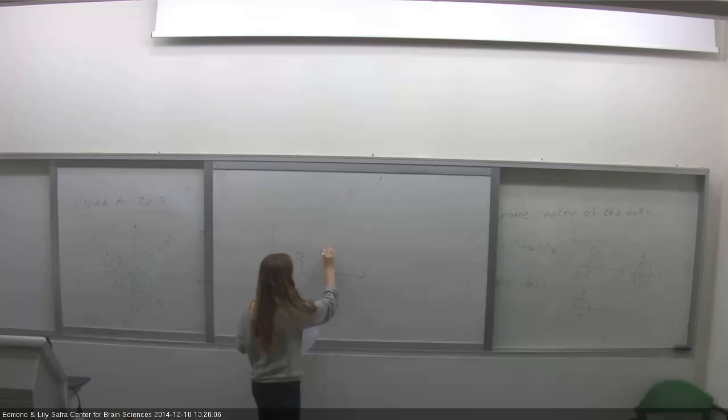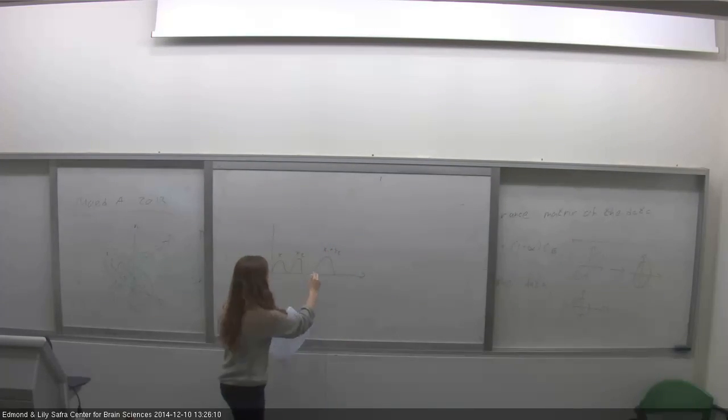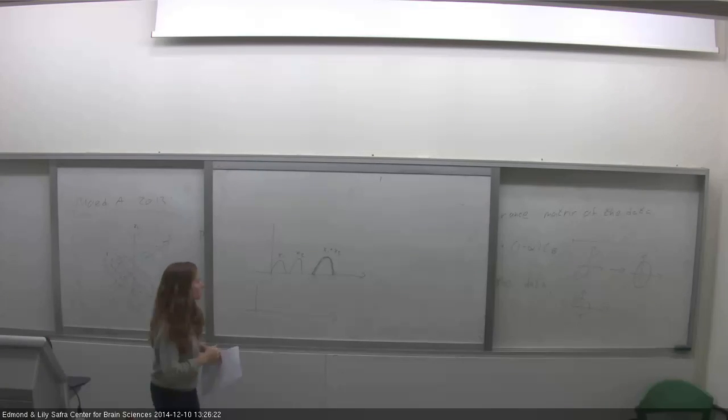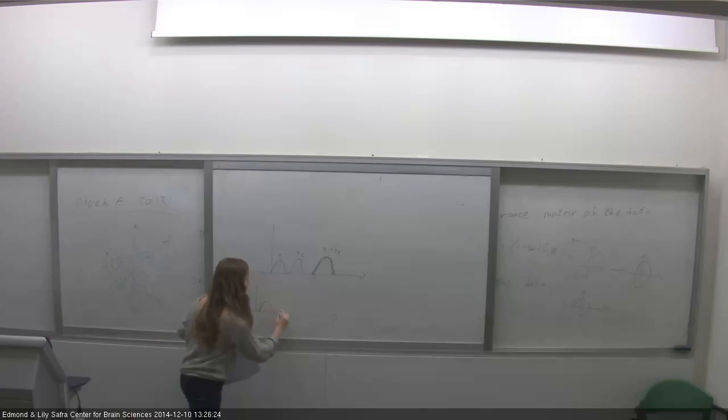This is x1 plus x2. But in our case, the new distribution is this. It's not a Gaussian distribution. This is the new distribution that we got from the mixture.